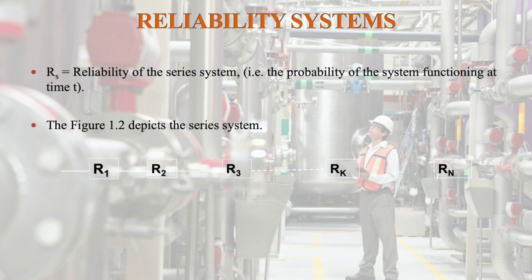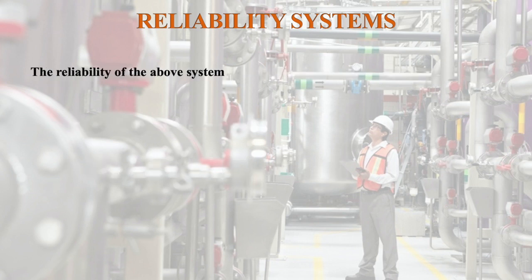Figure 1.2 depicts the series system, that is R1, R2, R3, Rk and up to Rn. So this is the series system. The reliability of the above system is Rs, that is equal to R1 into R2 into R3 up to Rk and up to Rn.